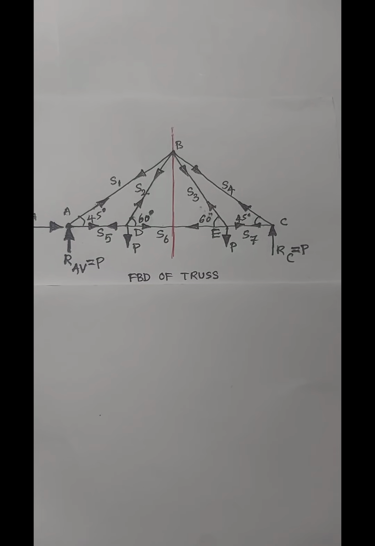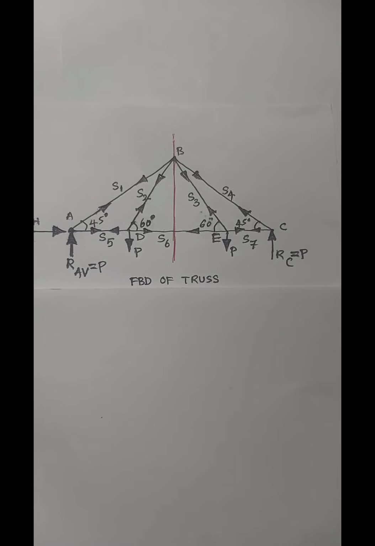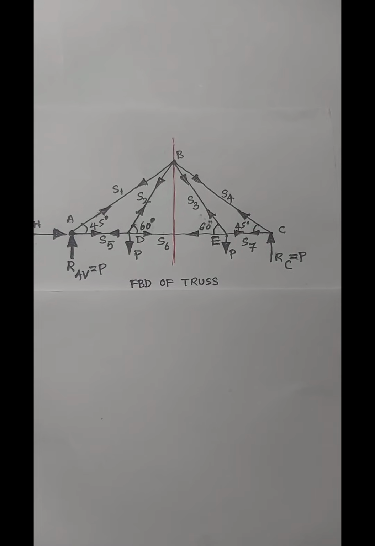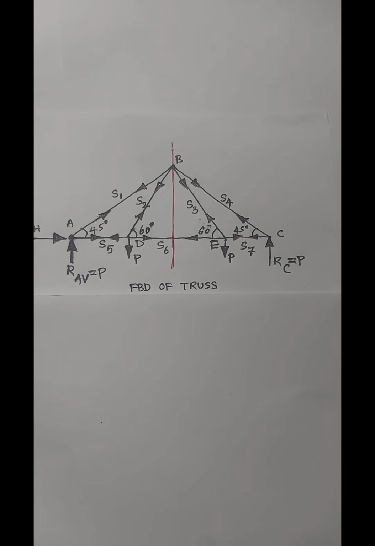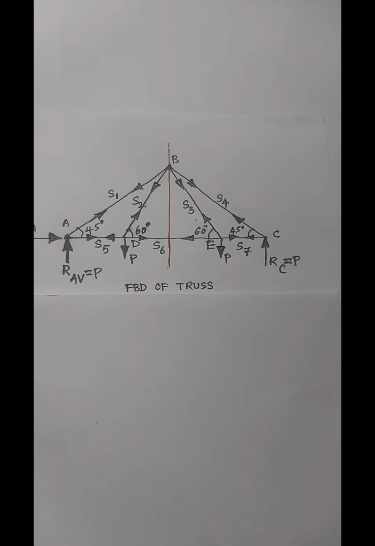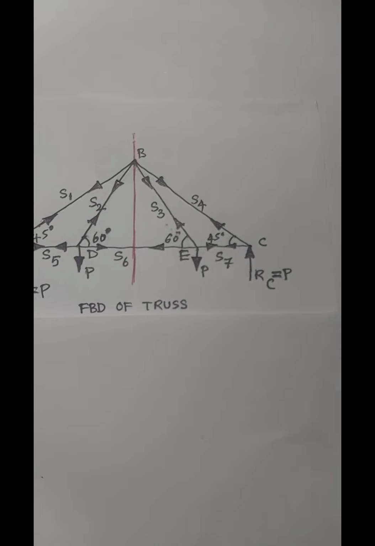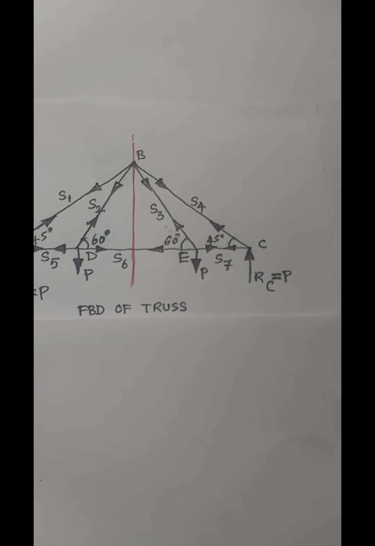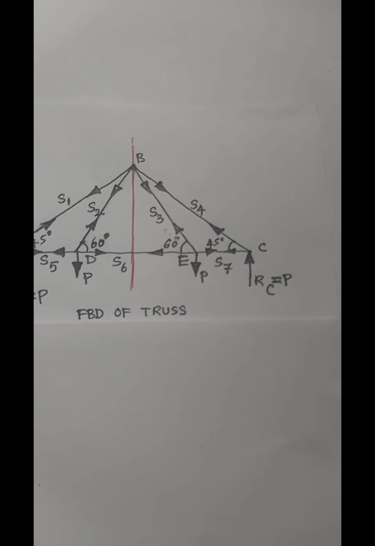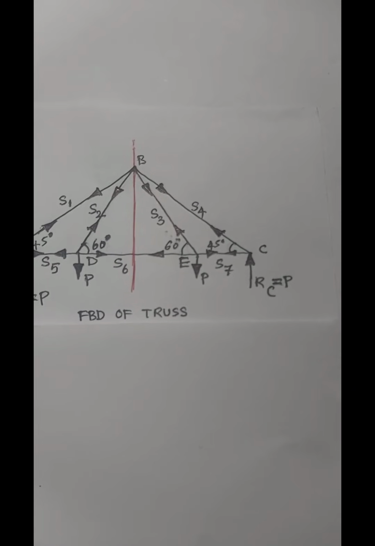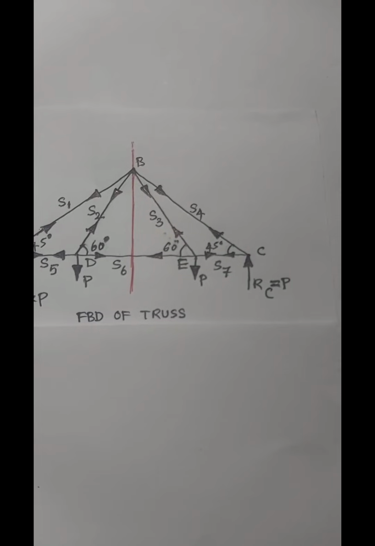To find the other axial forces S3, S4, S7, we have to consider a separate free body diagram of joint E and apply the equilibrium equations along x direction and y direction and solve them to find S3 and S7.